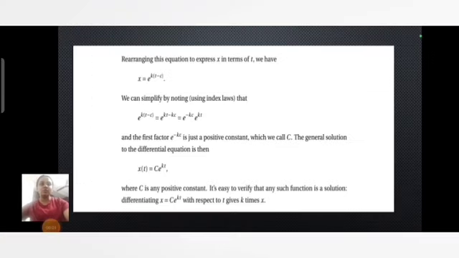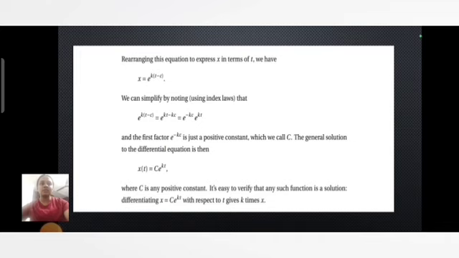Rearranging this equation to express x in terms of t, we have x is equal to e to the power k into t minus c. We can simplify by noting that e to the power k(t minus c) is equal to e to the power kt minus kc, which is equal to e to the power minus kc into e to the power kt.